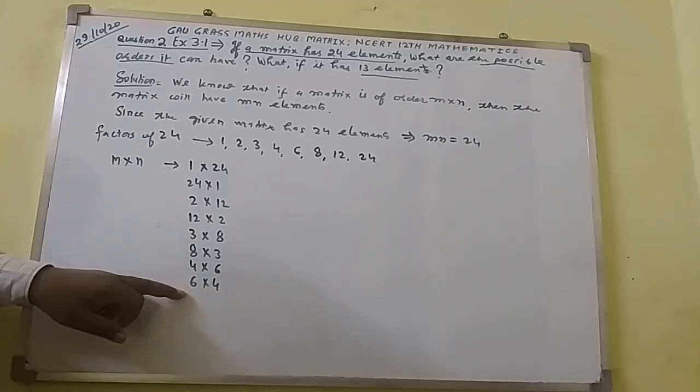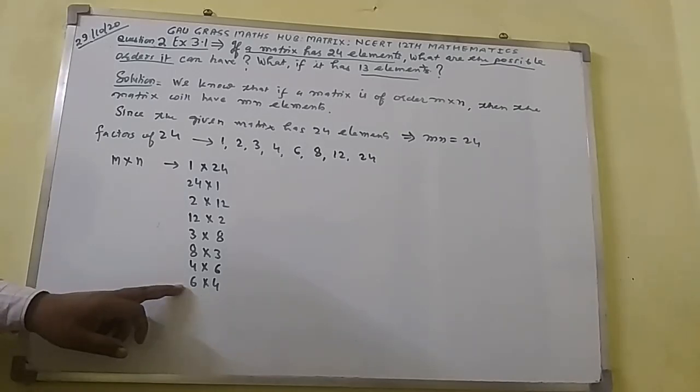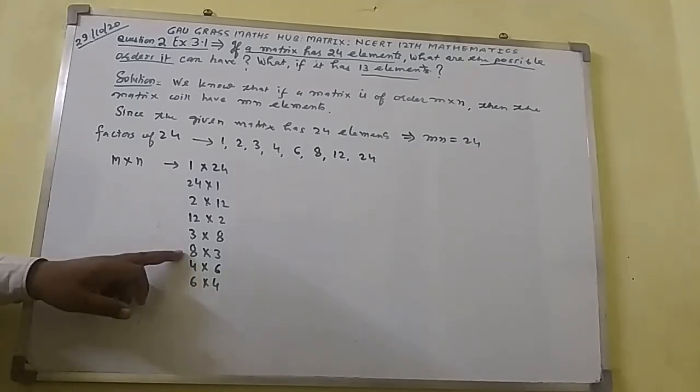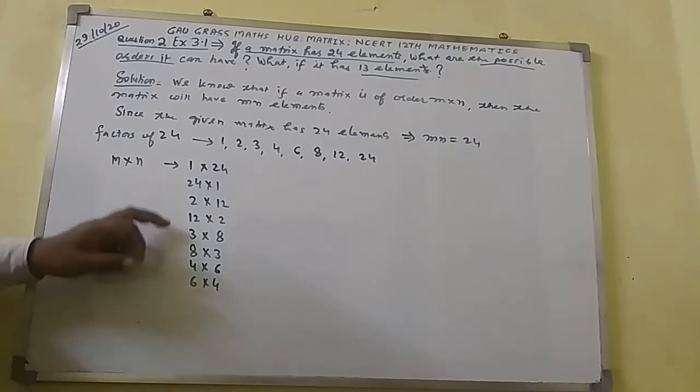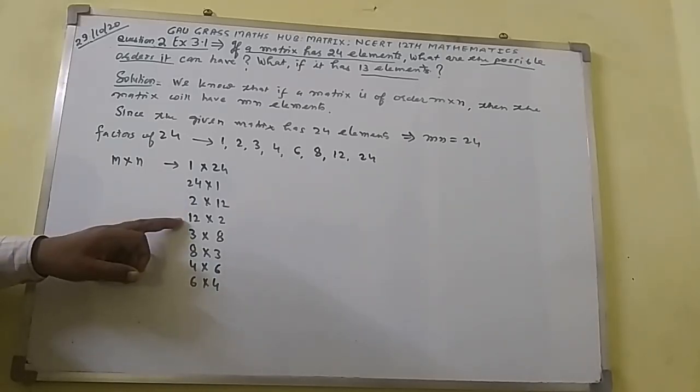Reverse it. If you take 6 rows, you get 4, which is already taken. Similarly for 8 rows and 12 rows, those I have already taken.